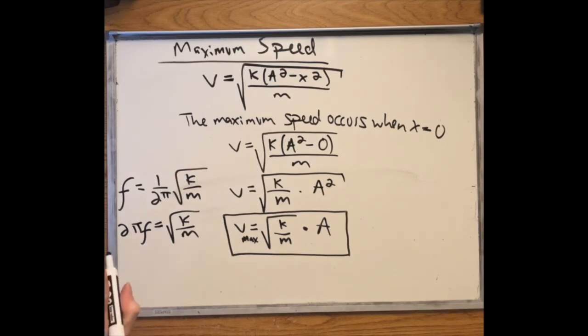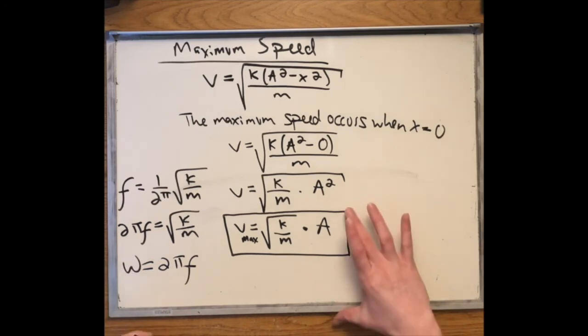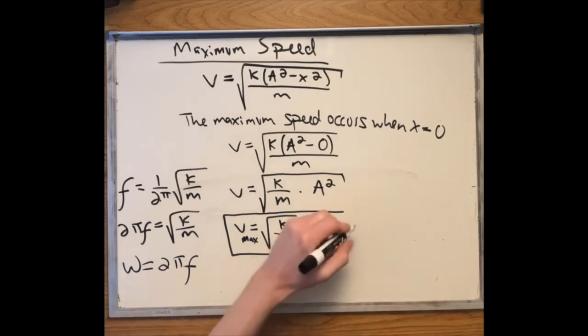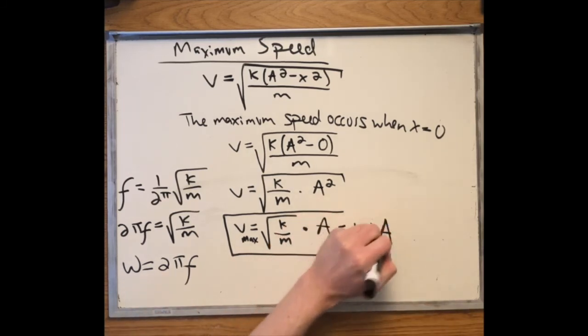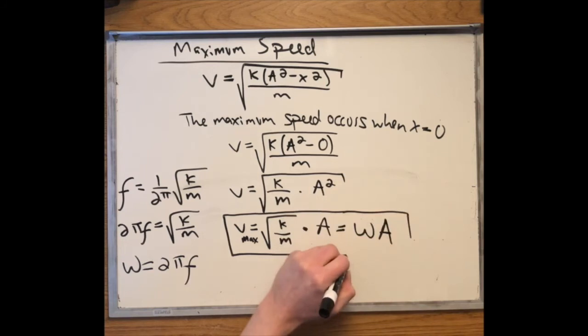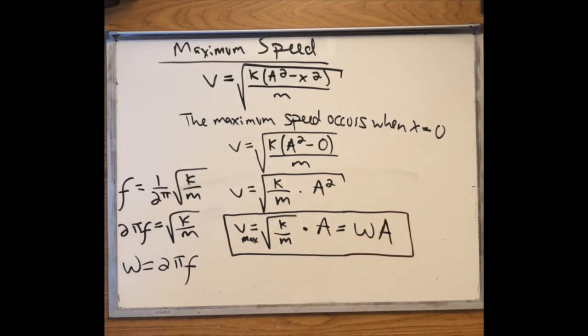And if you remember, going back to the AP reference table, 2 pi times the frequency is the definition of omega. So we can actually rewrite that as omega times a.